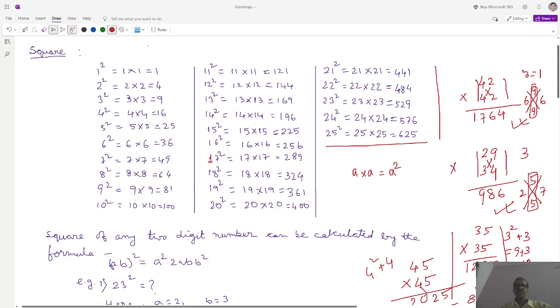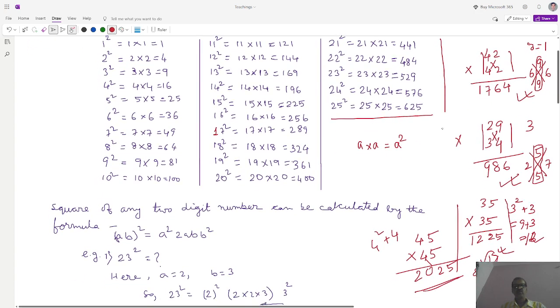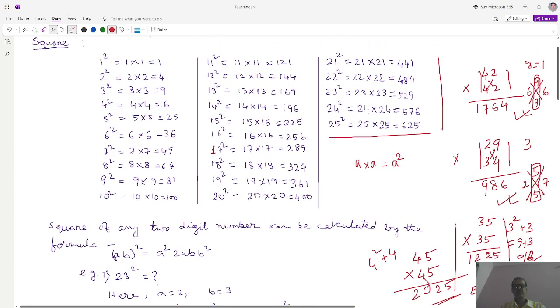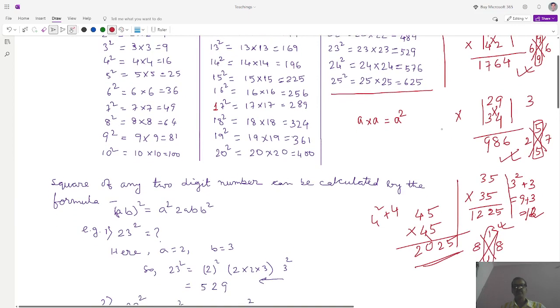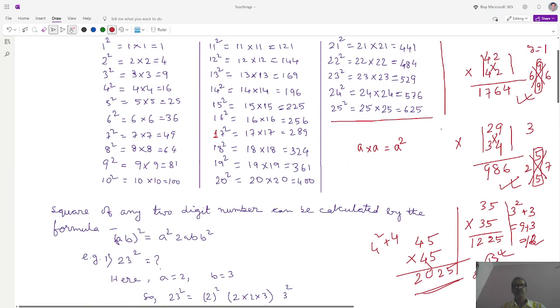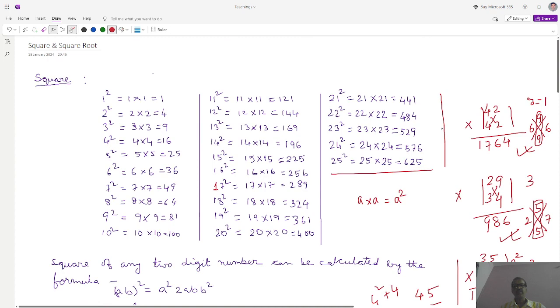If you are not able to memorize these square values, then you have to practice these shortcut multiplication methods. So you are now able to find the square value of any two-digit number. We will give more emphasis on two-digit number square values because these are required frequently.